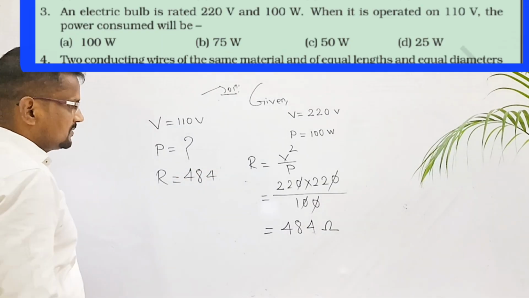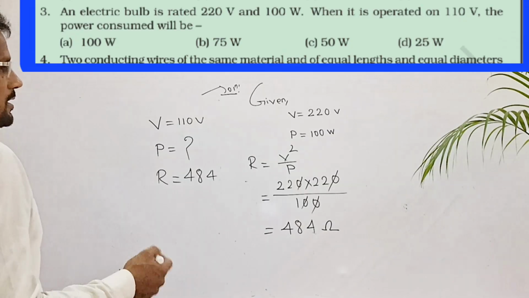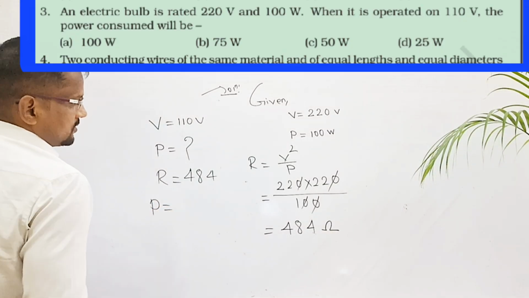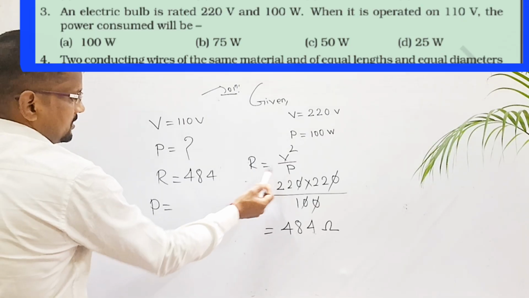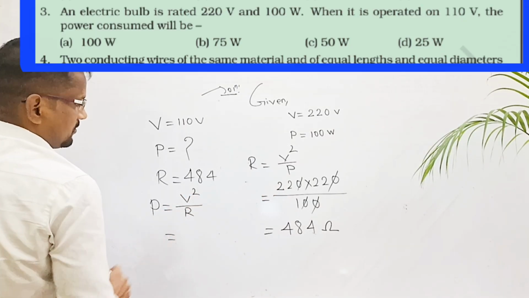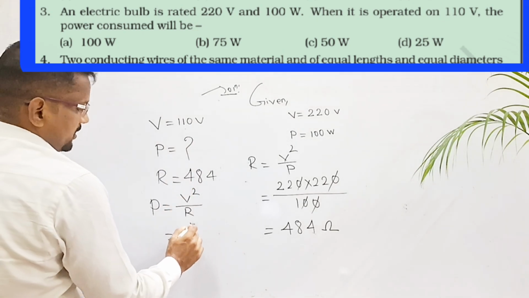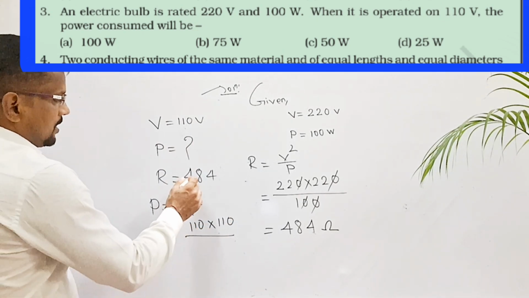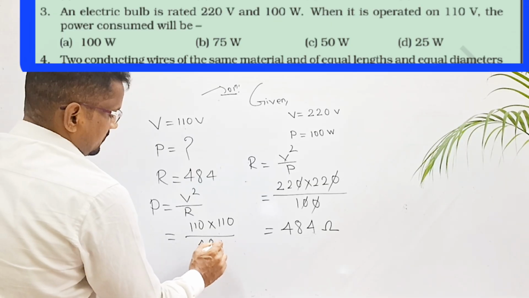484. So now easily you can calculate the power. P is equal to the same expression, now R is here, that is V square by R, which is equal to potential this time 110 into 110 divided by resistance 484.